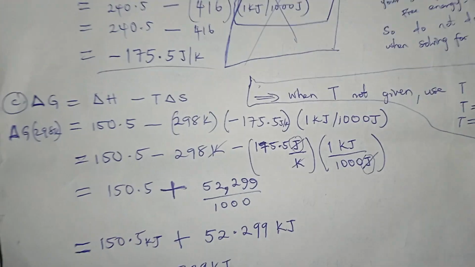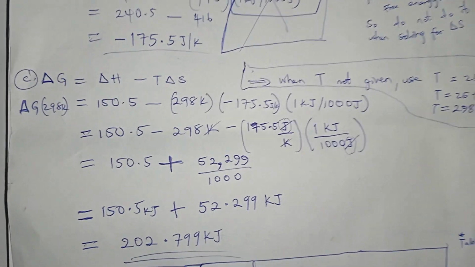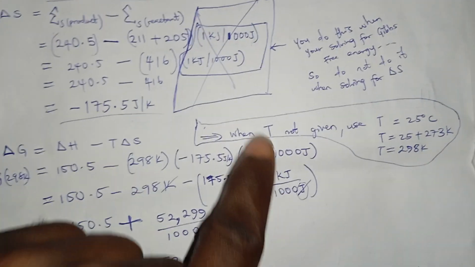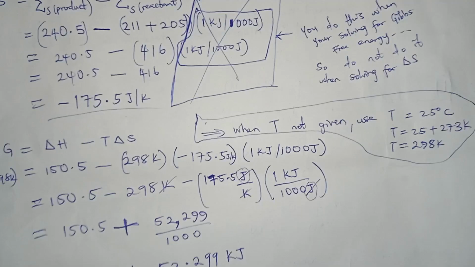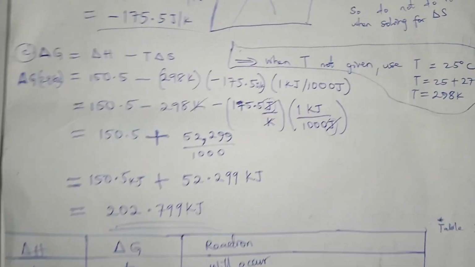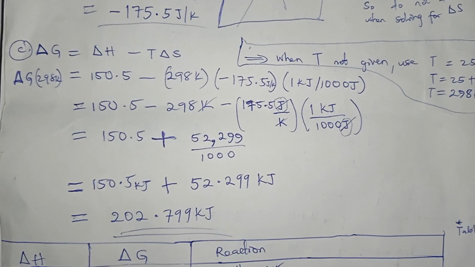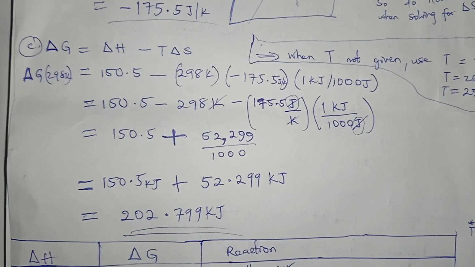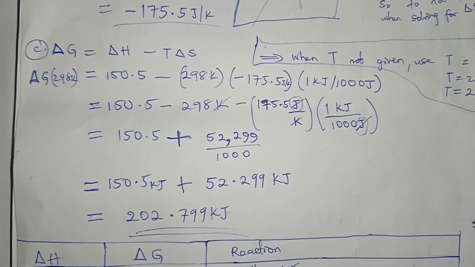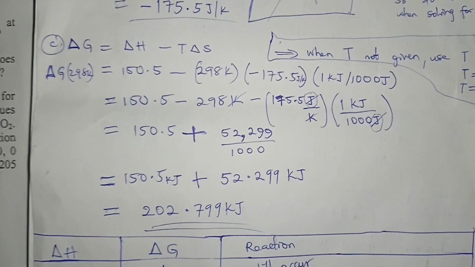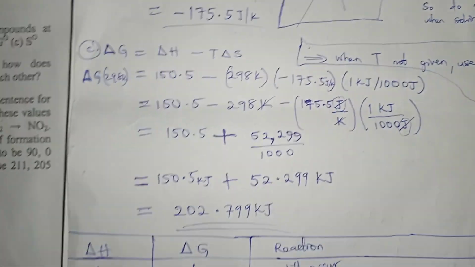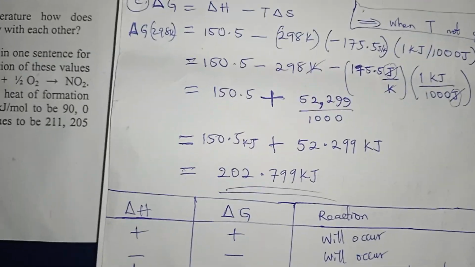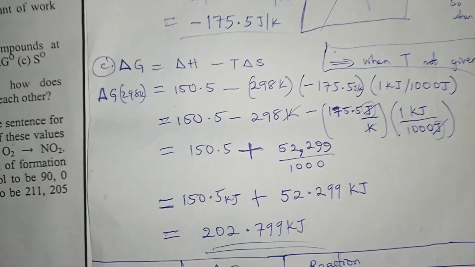Now for the Gibbs free energy, look at what I wrote there. I said when T is not given, use T equals 25 degrees C, which is the same thing as 298 Kelvin. Gibbs free energy is delta H minus temperature times change in entropy. That's the energy that tells us much better, more conveniently, whether a reaction will occur or not.